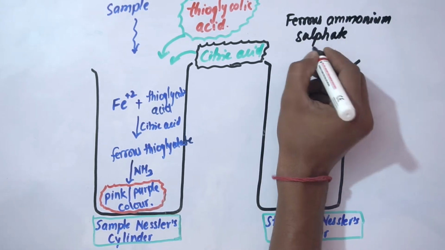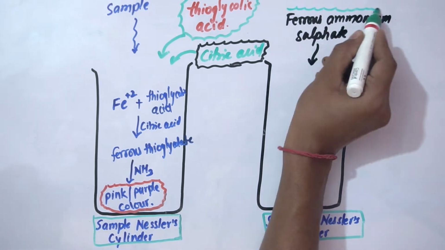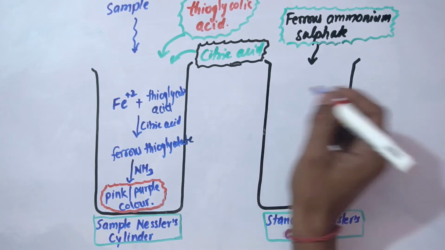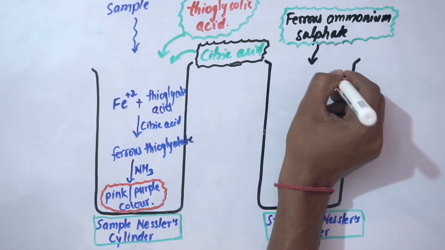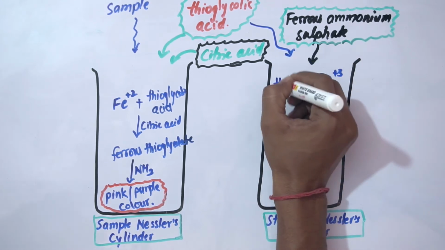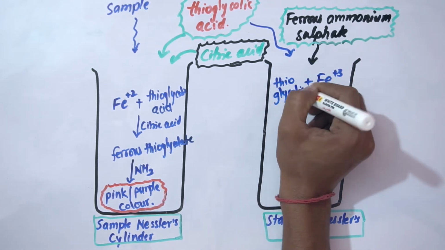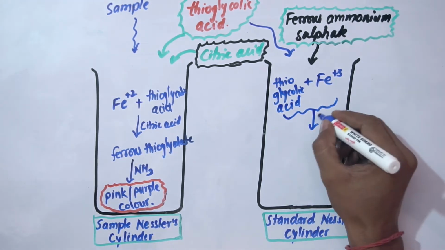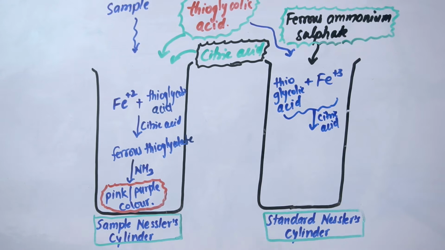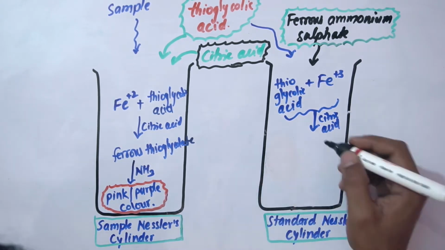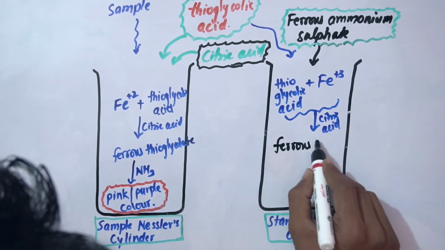It contains no ferrous impurity, that's why it is a standard. To this we are also going to add thioglycolic acid and citric acid, and this ferrous and thioglycolic acid will react in presence of citric acid to produce ferrous thioglycolate complex.